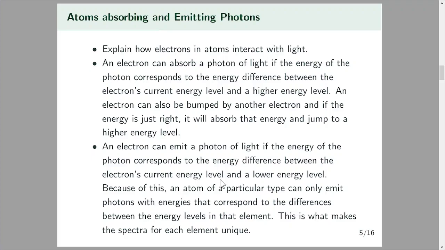The emitted photons can only have energies that exactly correspond to the energy spacing of the electron orbitals in atoms. This was a big discovery that happened at the beginning of the 1900s and really explained an open puzzle that had been around since the middle of the 1800s, before they really understood what atoms were. This was happening during the beginning of our understanding of how atoms work.